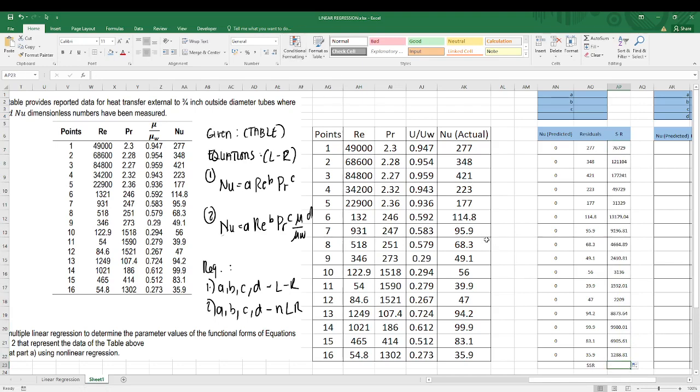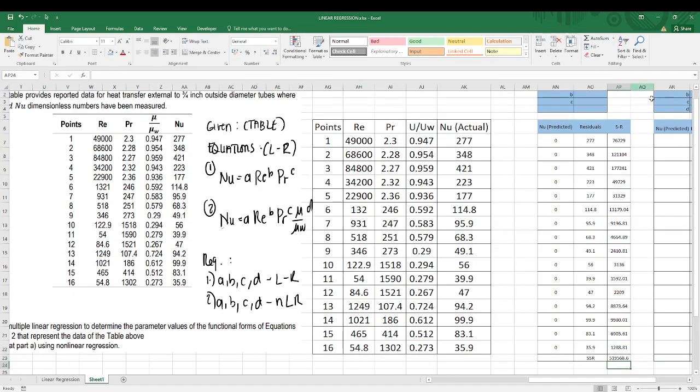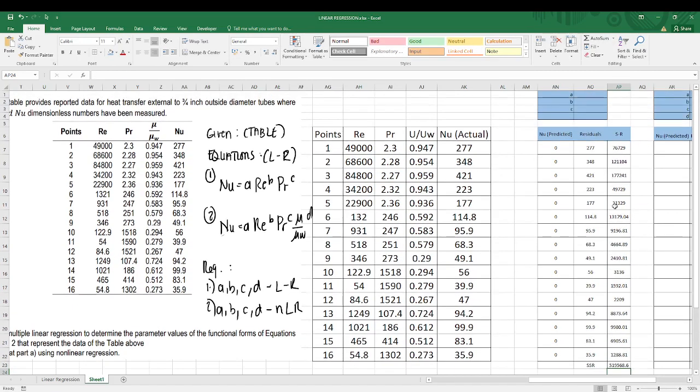Literally, sum of the square. So SSR is the term, the sum, and we have the value of it. By establishing this type of data, we could find the A, B, C by using the solver method.